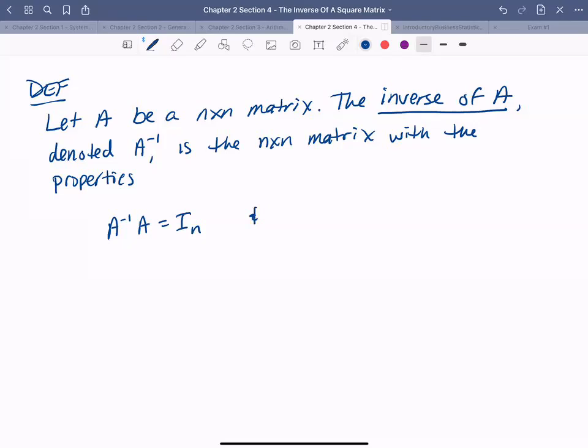And likewise, if I take the matrix A and multiply it by the inverse, I get back the identity as well.